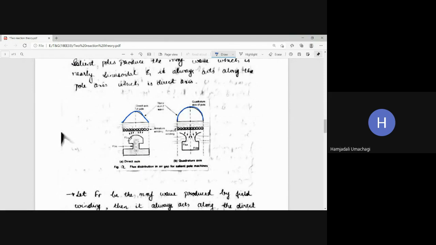So this is for the direct axis, where the opposition is minimum. Because of that, the stator MMF wave is almost sinusoidal. If you check the quadrature axis, where it experiences the highest reluctance, the stator MMF wave does not have a sinusoidal shape.